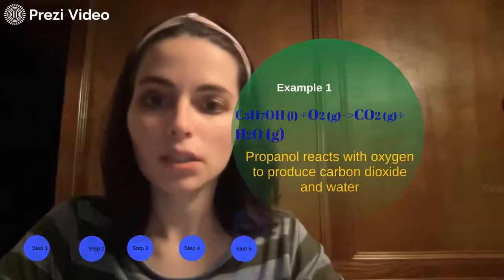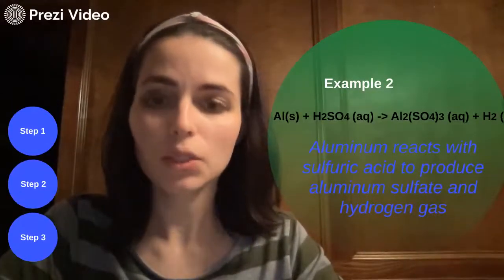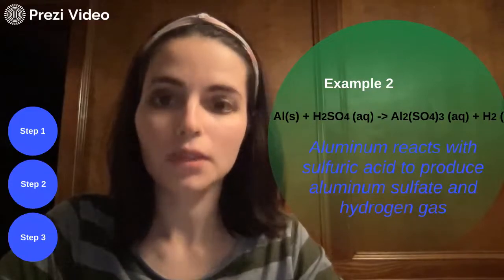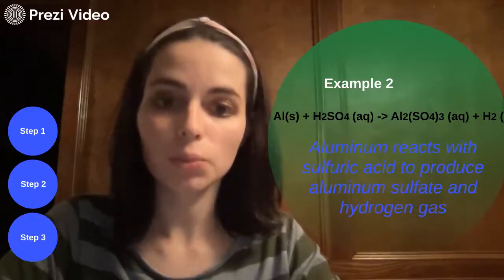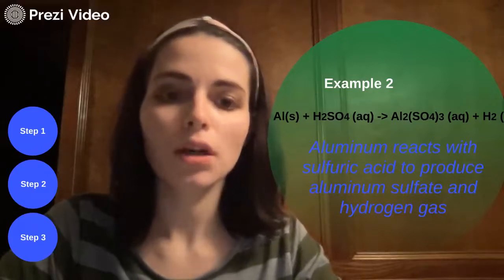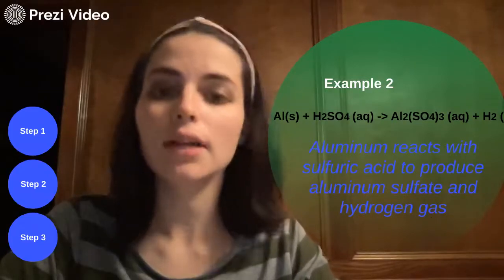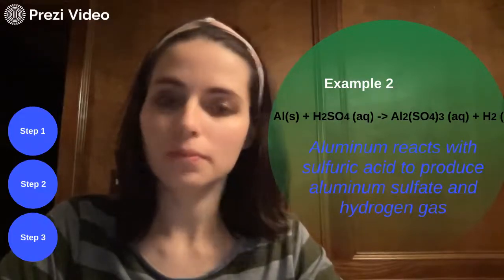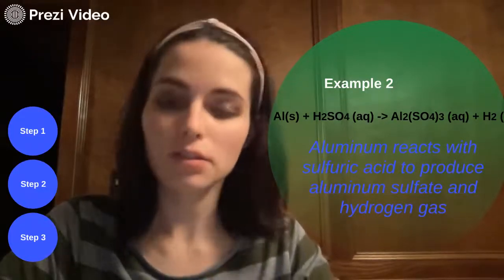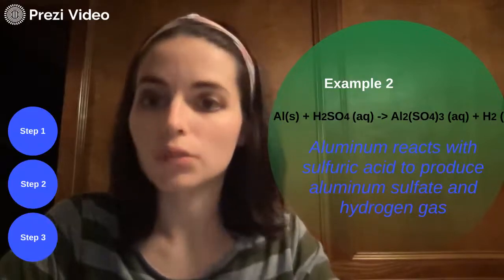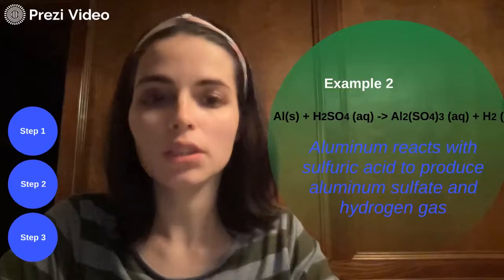So let's do another example. Another example involves acid. We have solid aluminum that reacts with sulfuric acid to produce aluminum sulfate and hydrogen gas. This equation is not balanced either. Let's decide which atom we start with.